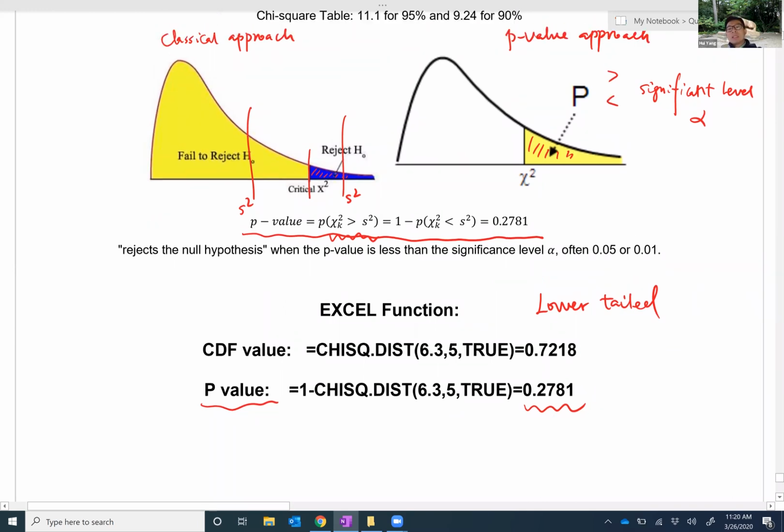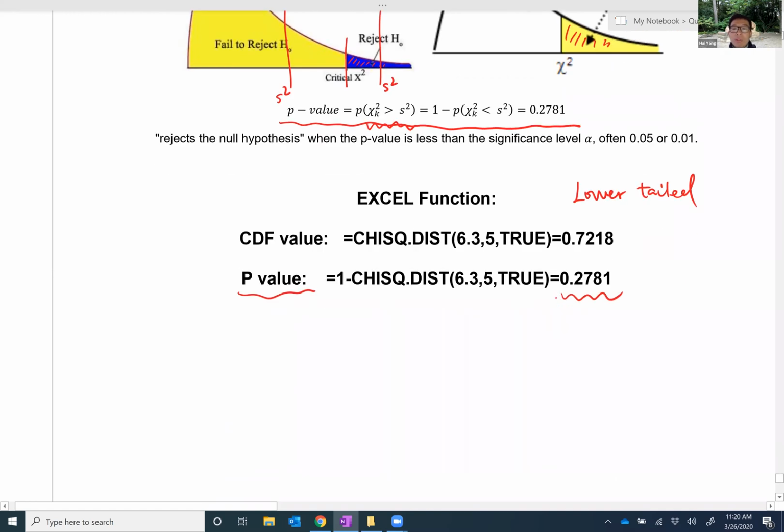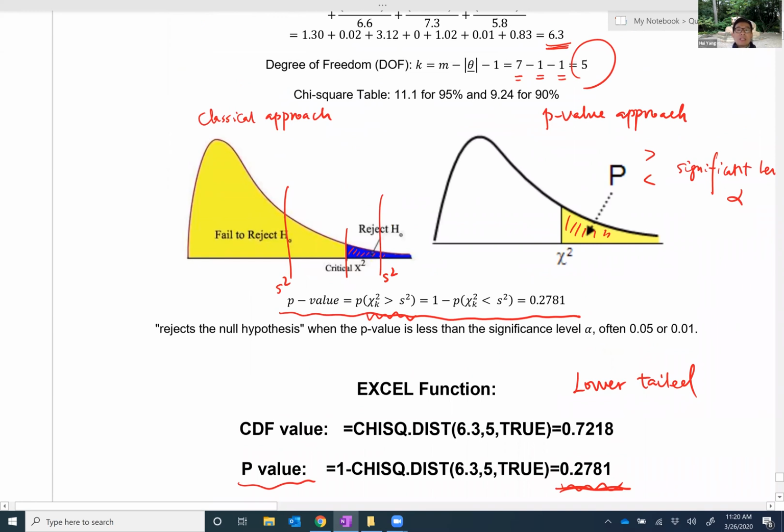If this is smaller than 0.05, then we reject, or 0.01 we reject. But now it is pretty big, right? So we don't reject.